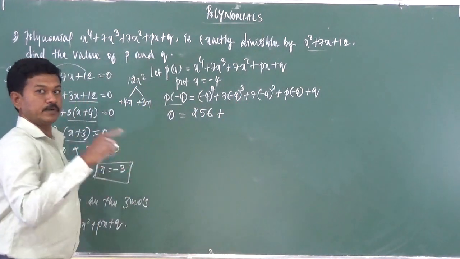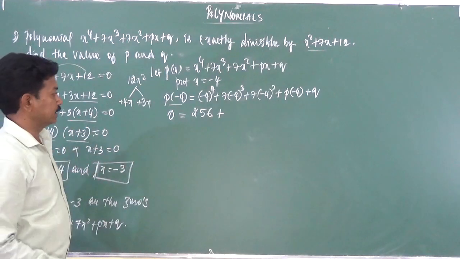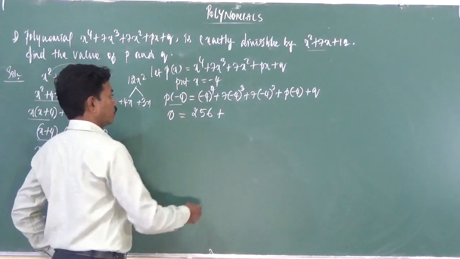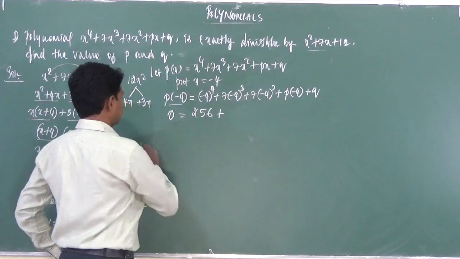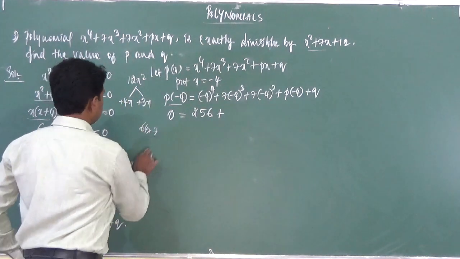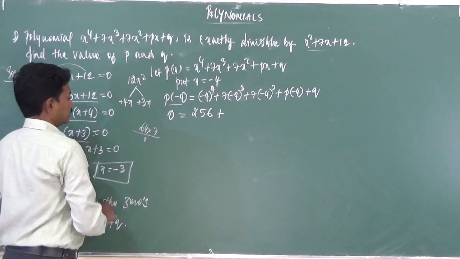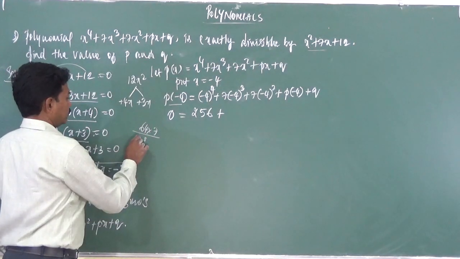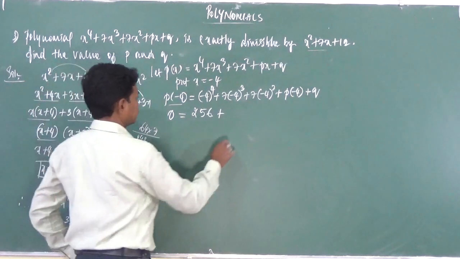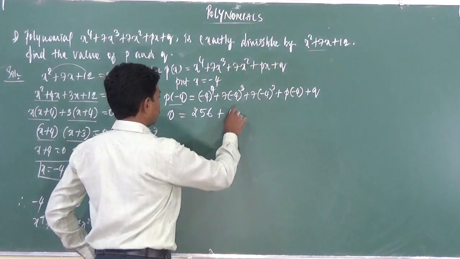Minus 4 into minus 4 into minus 4. Minus 4 into minus 4 is 16, 16 4s are 64, and 64 into 7. We have to multiply. 7 4s are 28, 42, 44, 448. That is 448.